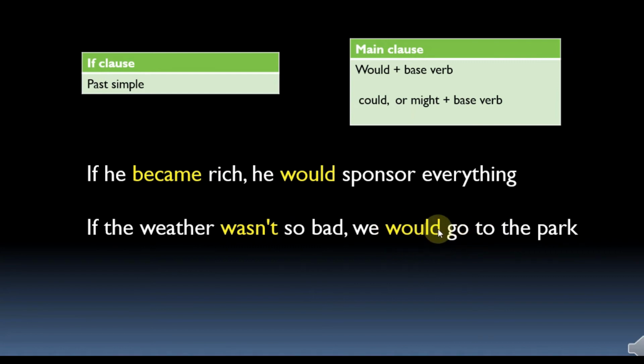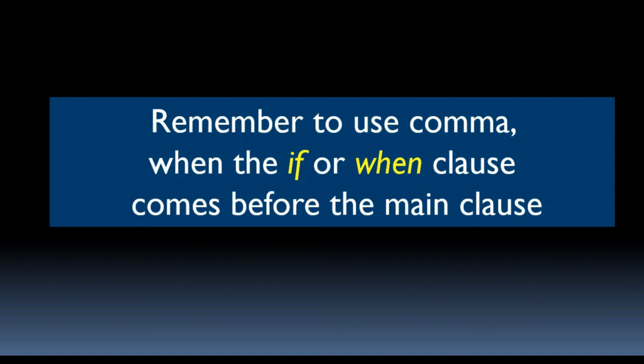Instead of using would, you can also use could or might plus base verb. Remember to use a comma when the if or when clause comes before the main clause.